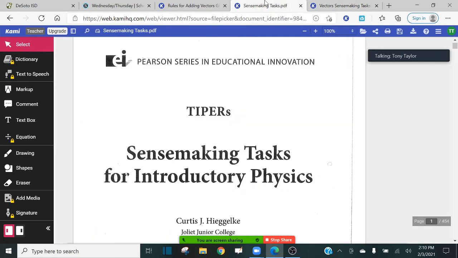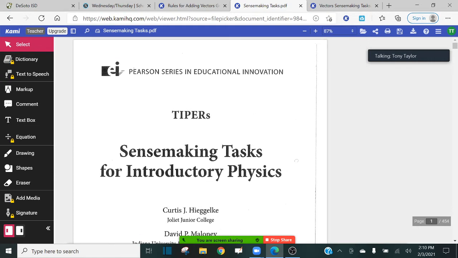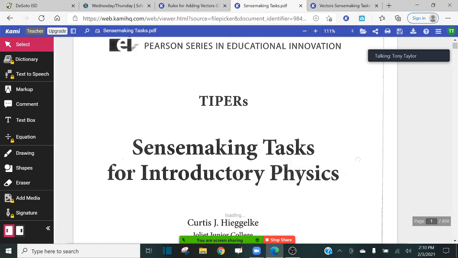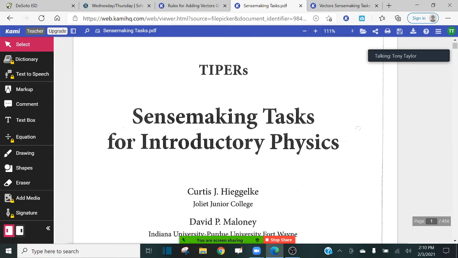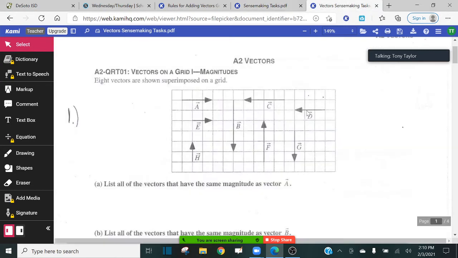Okay, now, I have a booklet, an electronic booklet called Sense Making Tasks for Introductory Physics. And so this assignment that we're about to do, I actually just pulled it from this booklet that I have, because this has all kinds of assignments. So I went to the vectors chapter and I just pulled out a couple of assignments to practice on. And so that's where these assignments came from.